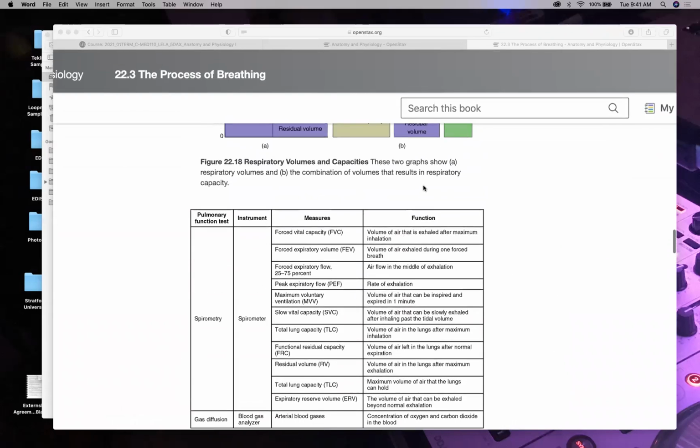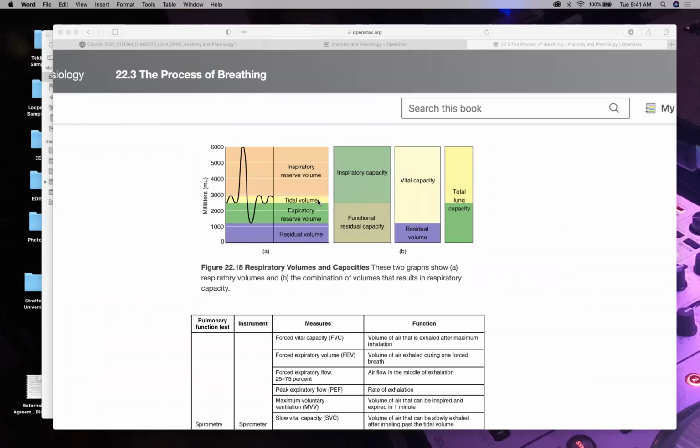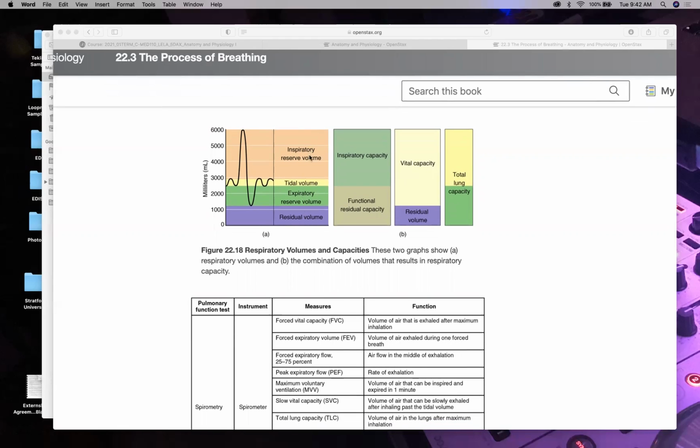But for me, I would ask, what's the volume of your typical quiet breathing? Tidal volume. What is the volume of me forcibly breathing out as much as I can from my lungs? That's expiratory reserve volume. What's the amount of air that I can inhale on top of my tidal volume?